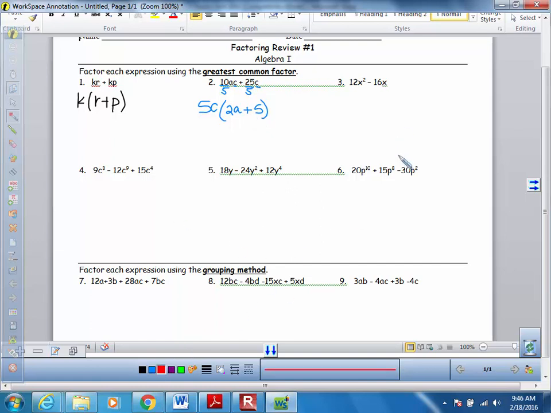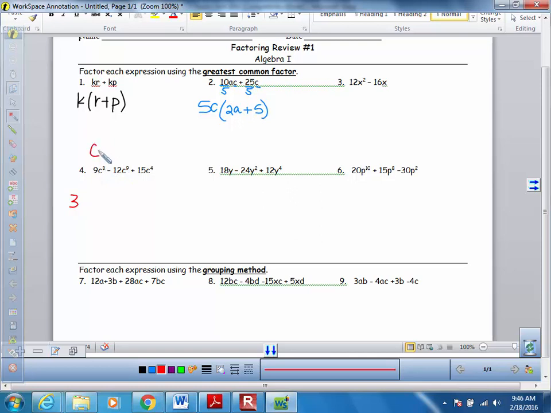Okay? Now, in number 4, if we look at each one of these numbers, I know that 9 is divisible by 3, 12 is divisible by 3, and 15 is divisible by 3. That's the largest number that goes into each one of them. So we would divide each by 3. And then it's been a while since we talked about exponents.